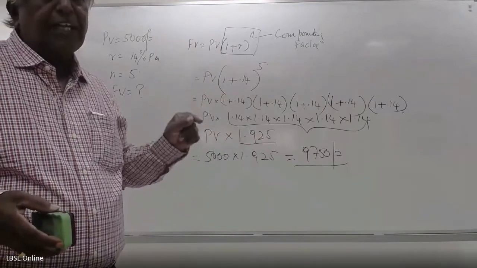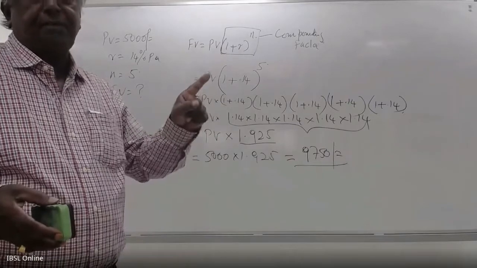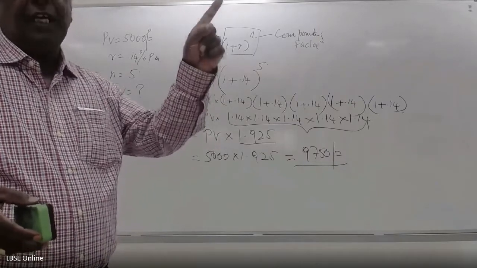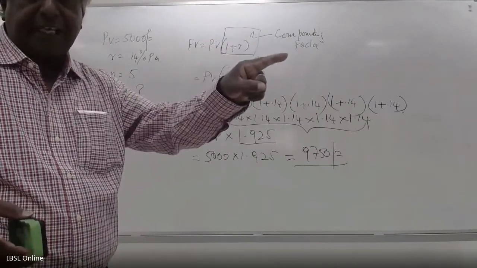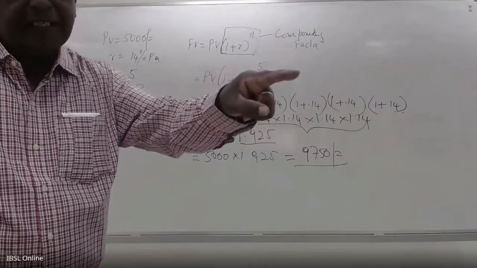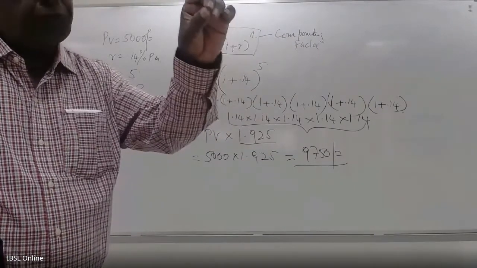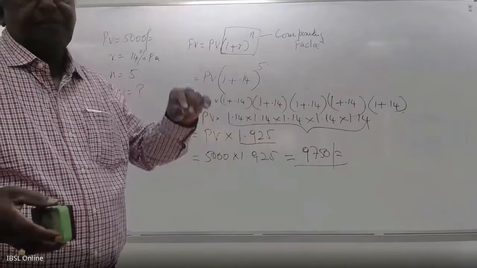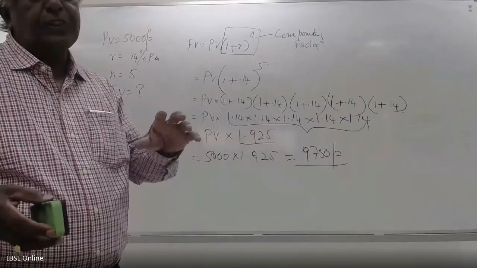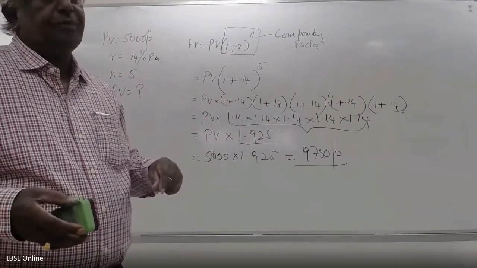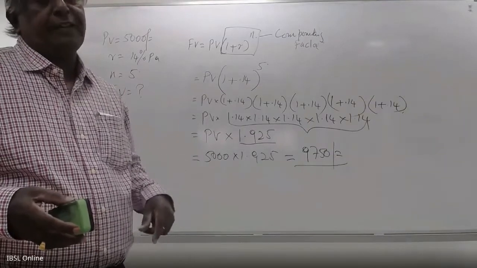When the present value is 1 rupee, the future value at various interest rates and various periods is called the compounding factor. So all these things you know now.